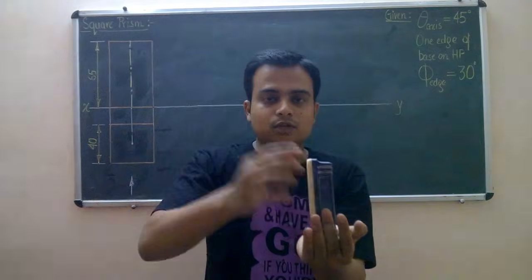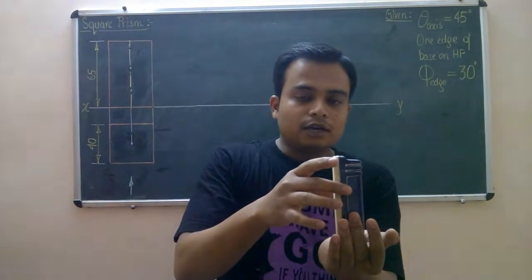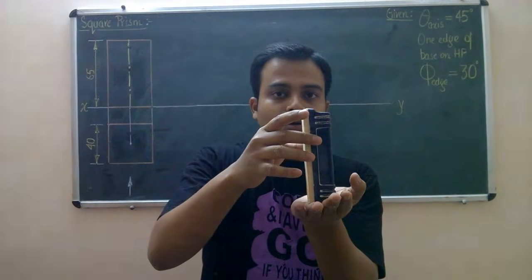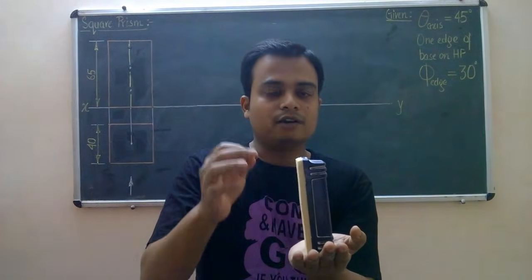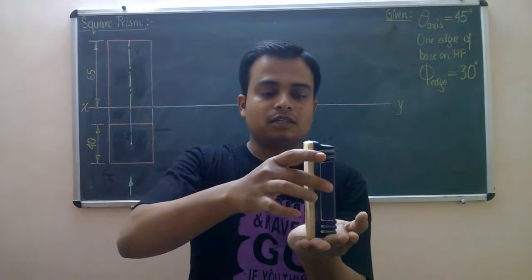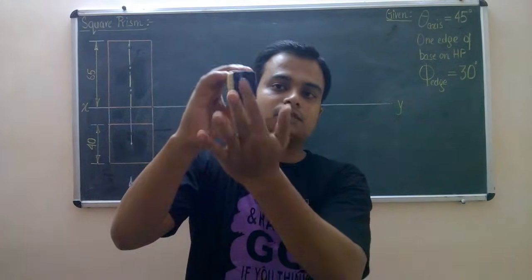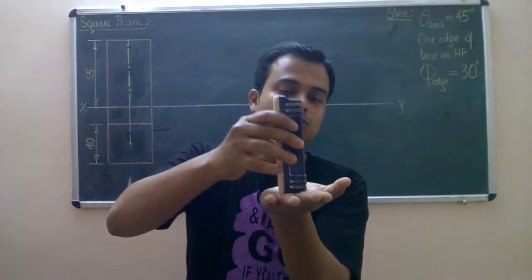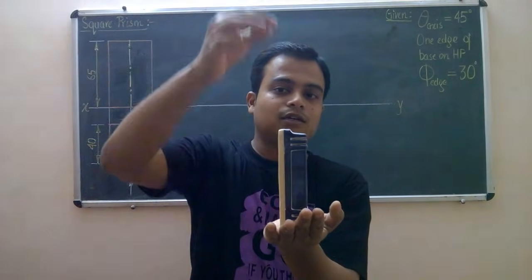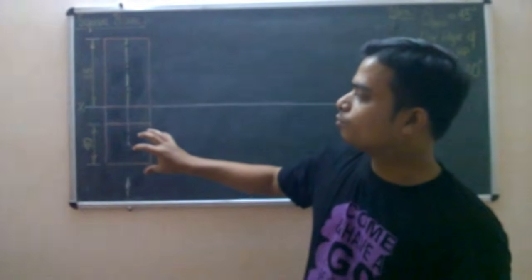Then there is a question you have to ask yourself: from which view can you view the true shape of the base? As far as this particular position is concerned, the true shape of the base is evident from the top view. Hence, we'll draw the top view first.